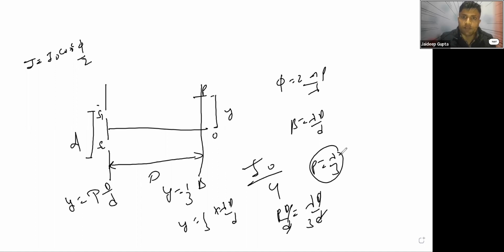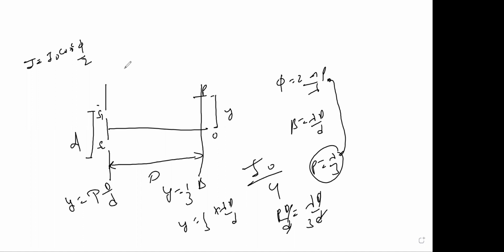Now substitute the value of path difference in this formula, then you'll get the value of phase difference. Substitute the value of phase difference in the intensity formula. You'll get the answer. Now let me know the answer. Try. Yes, sir. You'll get I0 cos square 2 pi by 3, so phase difference is 2 pi by 3.